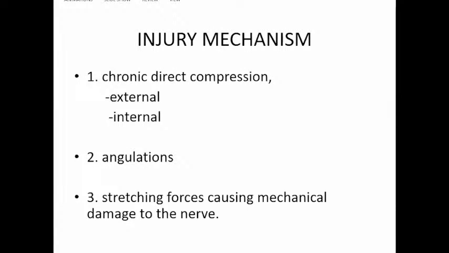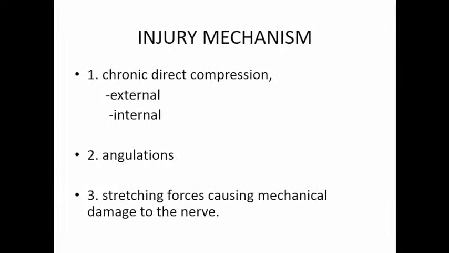When you talk of chronic direct compression, in case of internal, maybe say due to a fracture in the wrist or the distal radius, that may result in hematoma formation, or even the fracture itself may compress the median nerve in the wrist and cause carpal tunnel syndrome.